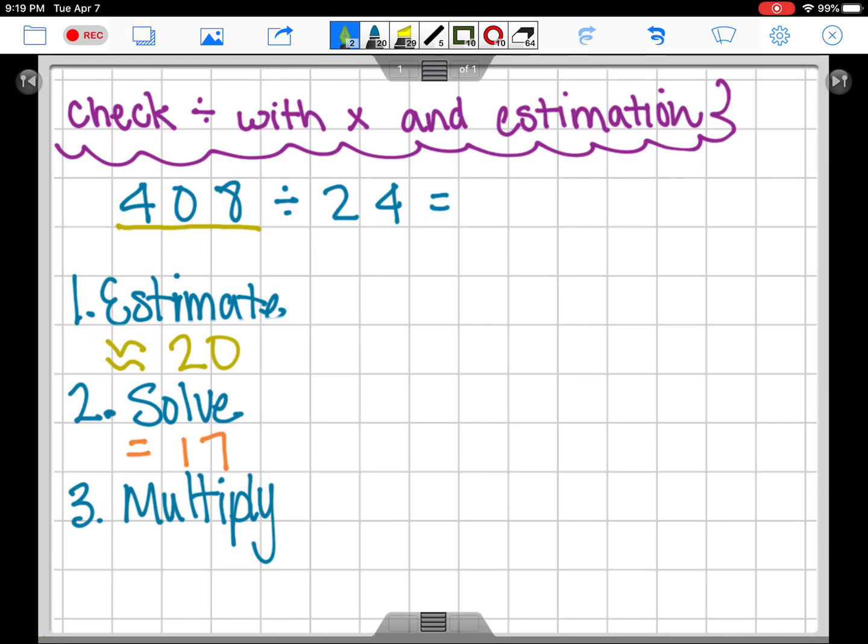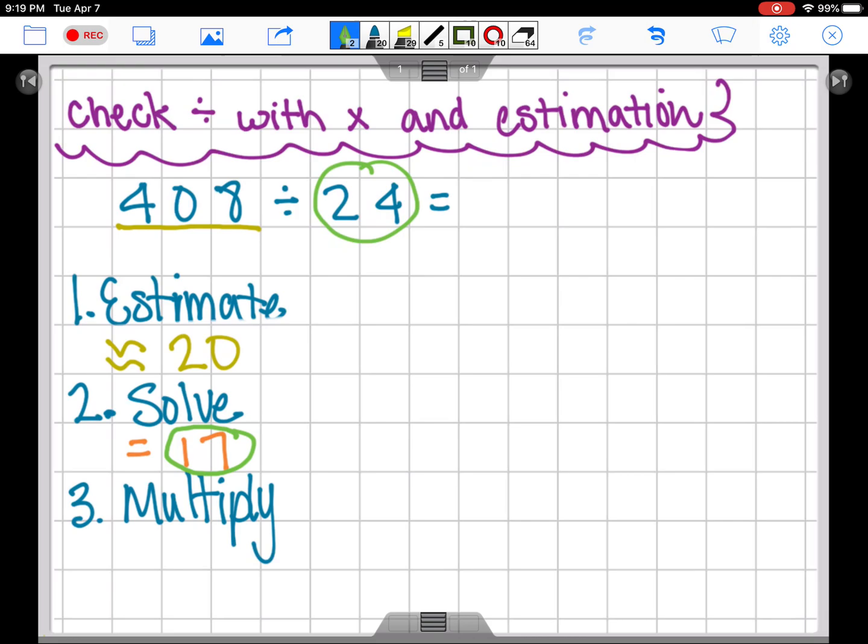Now, I really want you to think, what numbers are we going to multiply together to make this happen? Alrighty, team. So we need to multiply the quotient and the divisor. We've got our quotient right here. We just solved for that.